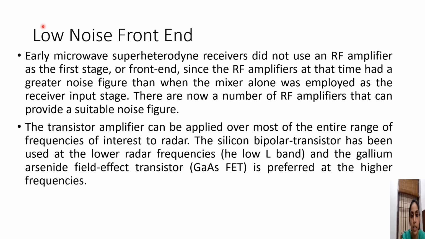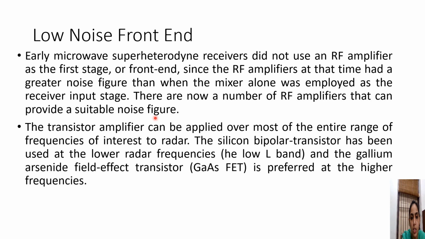Now, usually in the superheterodyne receiver, we employ a low noise RF amplifier at the front end. But sometimes it is enough to use the mixer alone at the receiver input stage. Okay, so there are now a large number of RF amplifiers that can provide a suitable noise figure.